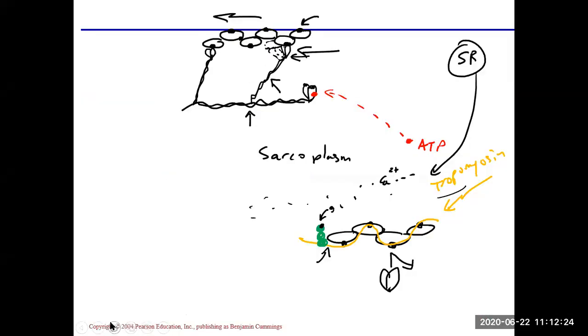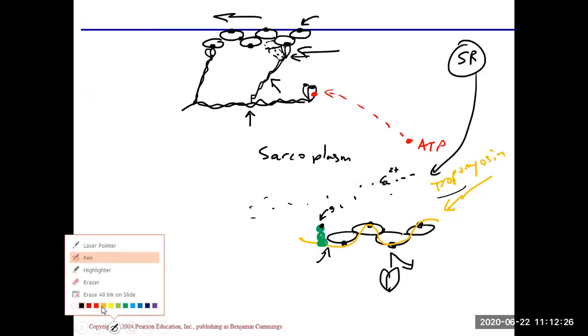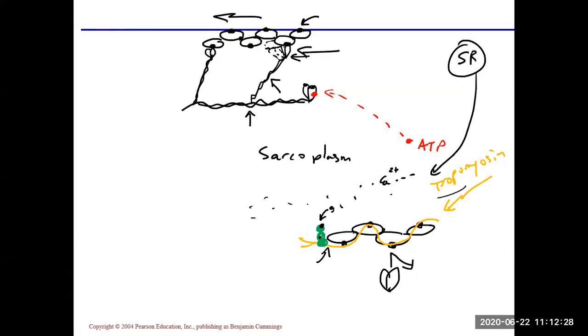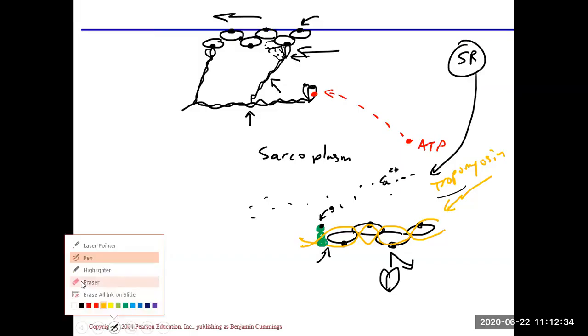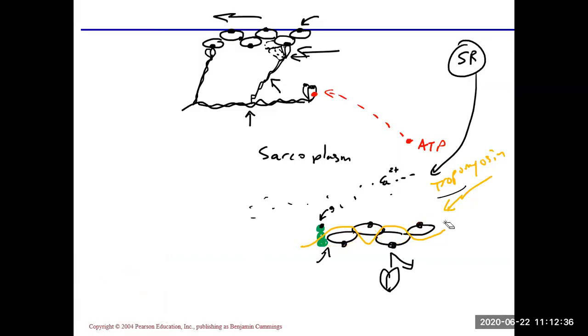So I'm just going to move it to the side now, so you'll see it a little bit better. Now it's moved to the side. Now I'm going to erase the other one. There. So now you can see clearly that the myosin head can attach to it because that's a binding site. So the myosin head can attach, and then it can do the power stroke.